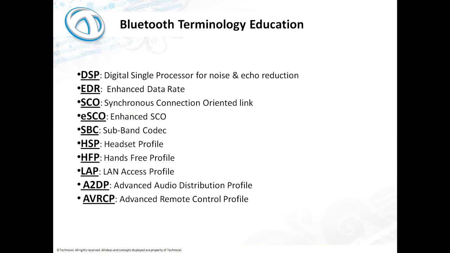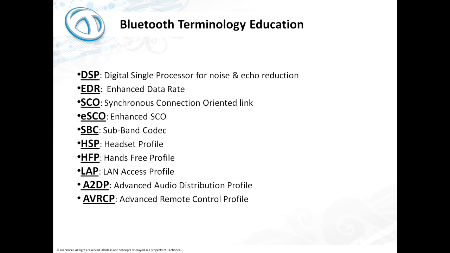The next term, HSP, just stands for headset profile. All of your mono Bluetooths classify as HSP. So if you see any type of terminology and you see that term, that basically just applies to mono Bluetooths. Next, HFP, I'm pretty sure you're all aware of this, the hands-free profile, and that's basically using a car kit instead of a Bluetooth to do your calls and stream music back and forth.